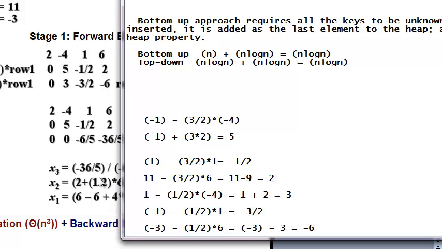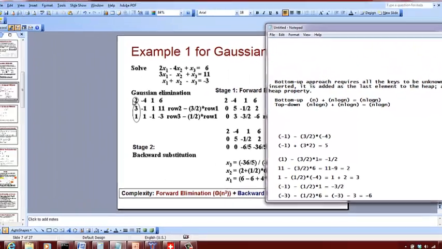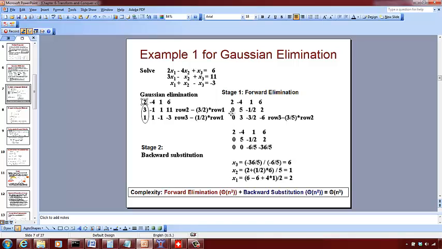Once you get this, now we want to make this guy 0. Which one is 0? We will make this 0 using this row. So using negative 4, we want to make this 0.